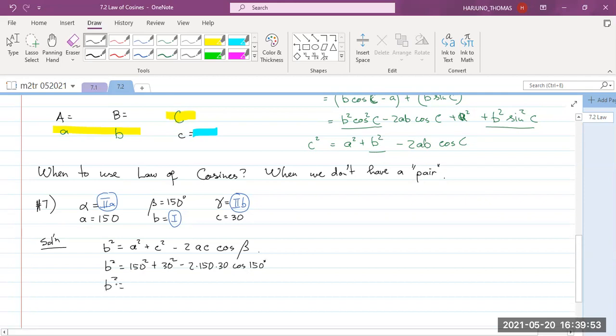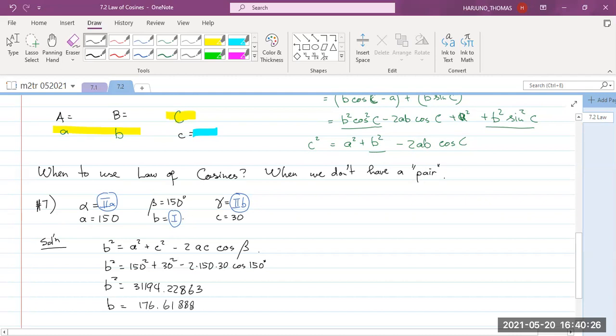I dump all of them into the calculator. I get 31194.22863. Now do the square root. I get 176.61888.